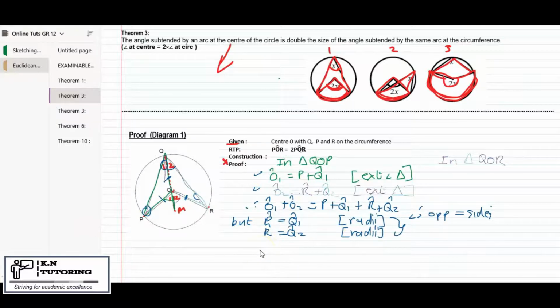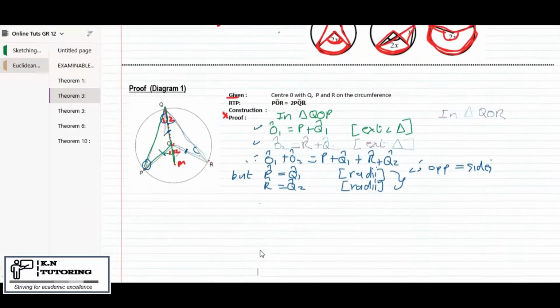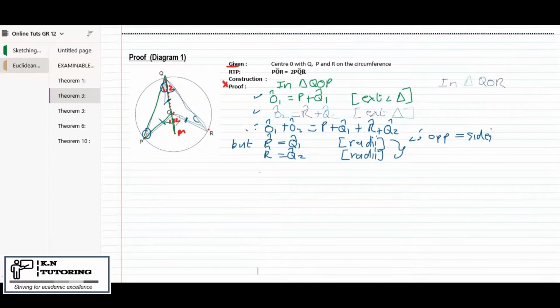Just want to scroll down so I can have enough space. Okay, so from here I can say O1 plus O2 is equal to, where I see P, I'm going to substitute Q1. I've got my Q1 that is already there.